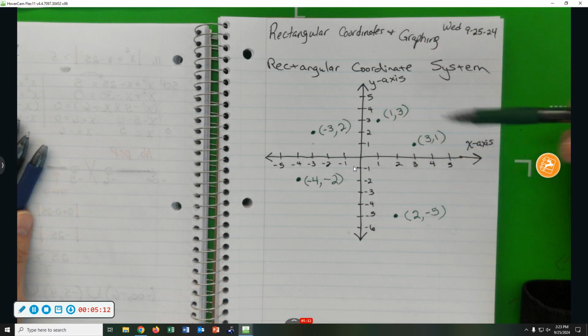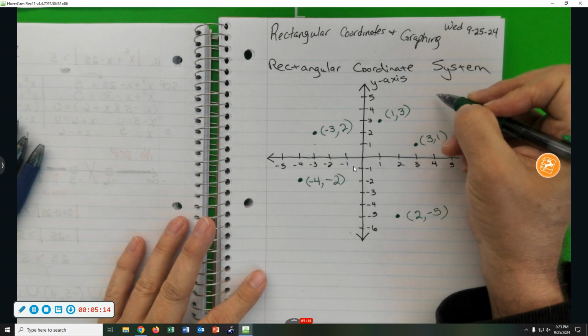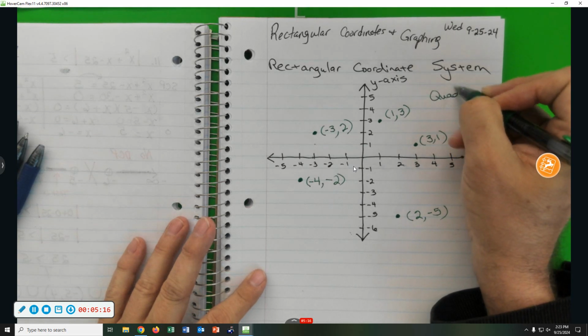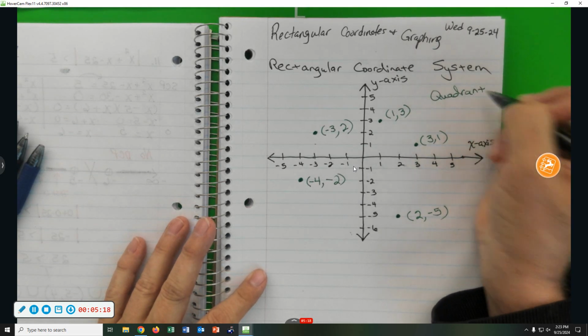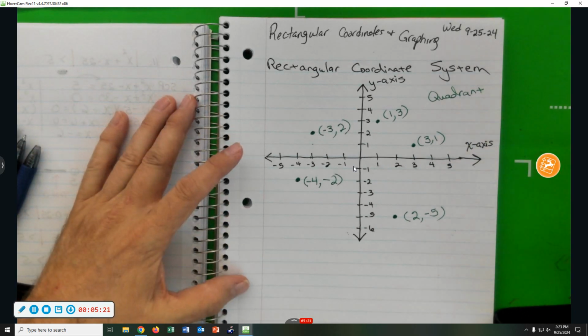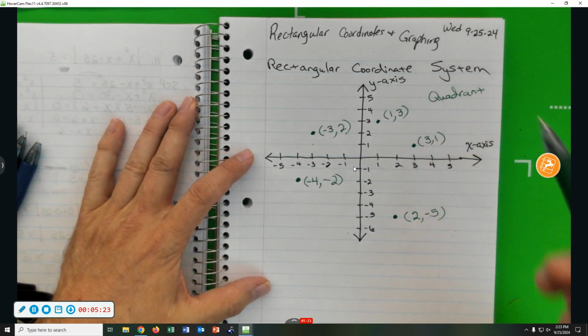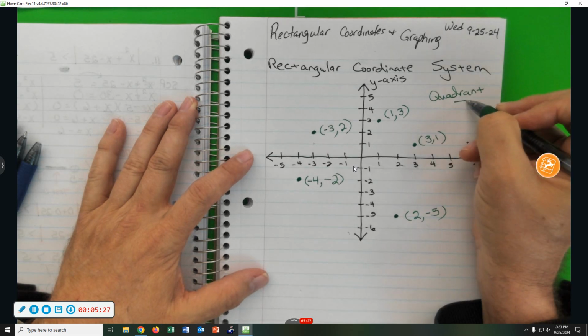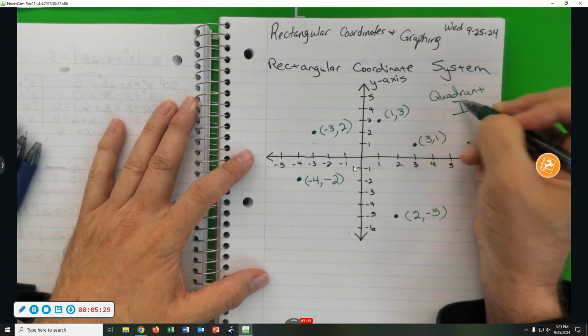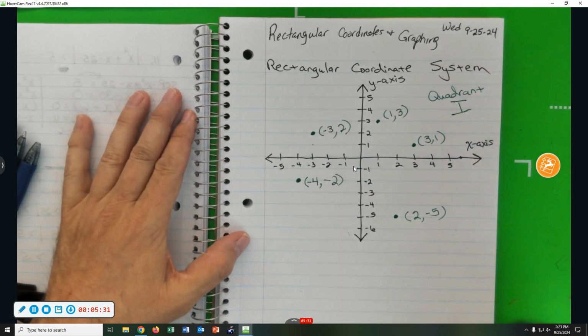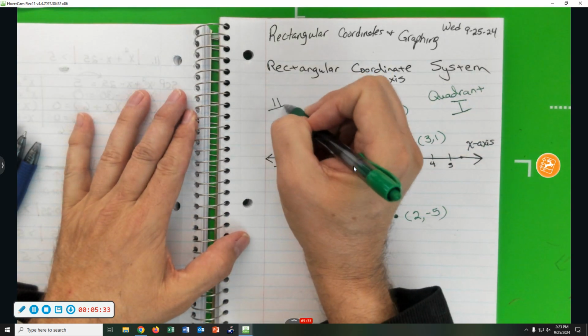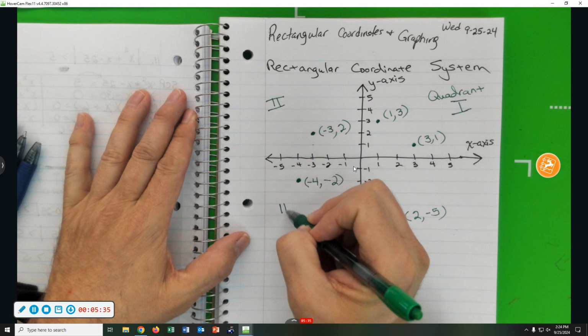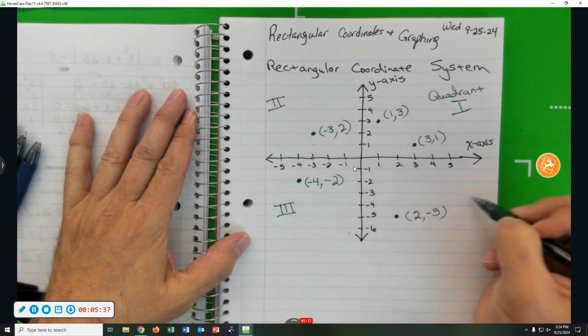These four distinct regions are called quadrants, and quadrants are generally labeled using Roman numerals. Starting in the upper right-hand corner, we would say this is quadrant 1. Then we move counterclockwise. This is quadrant 2, quadrant 3, and quadrant 4.